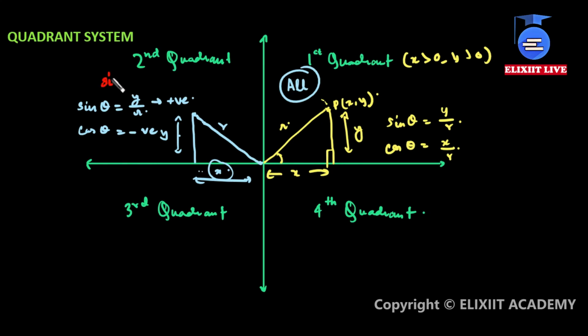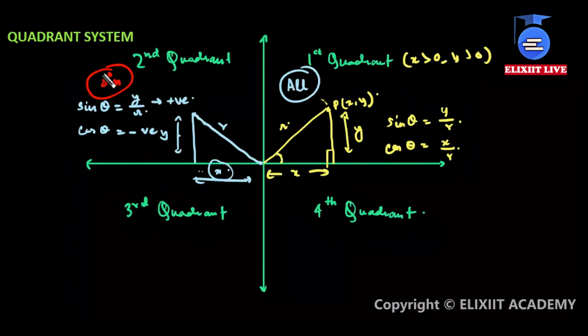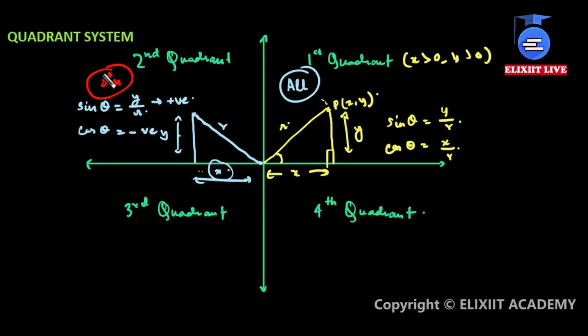So I'm writing sine over here, which means sine is positive, and its reciprocal, cosec theta. Sine theta and cosec theta are the two t ratios which are positive in the second quadrant. Generally we write sine over here. So all t ratios are positive in the first quadrant, and only sine is positive in the second quadrant.